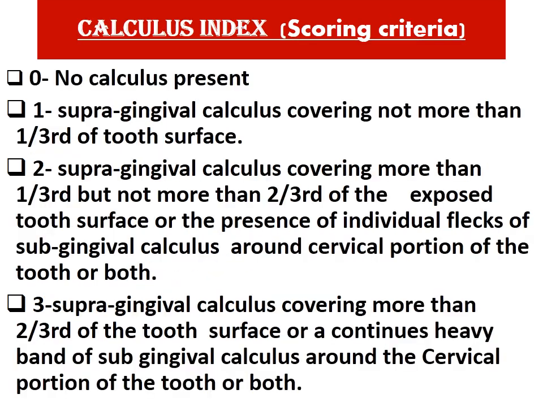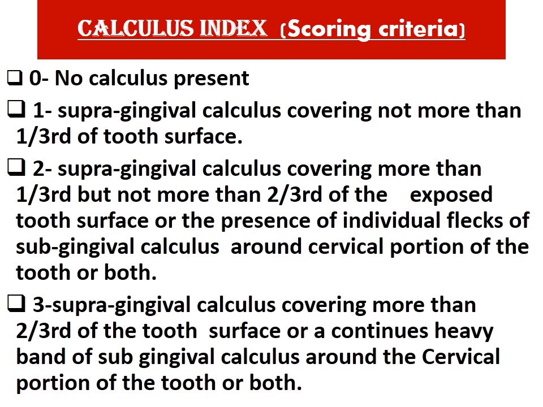For calculus index, the scores given are 0, 1, 2 and 3. Score 0 when no calculus is present. Score 1 is given when supragingival calculus covers not more than 1/3 of the tooth surface.